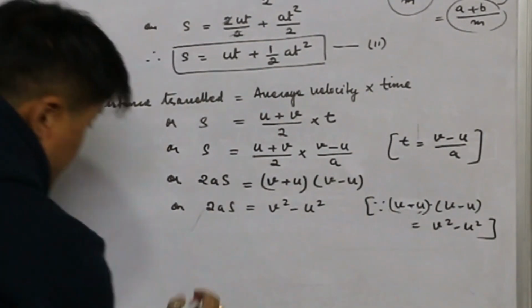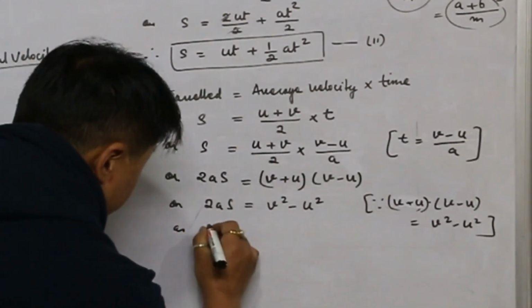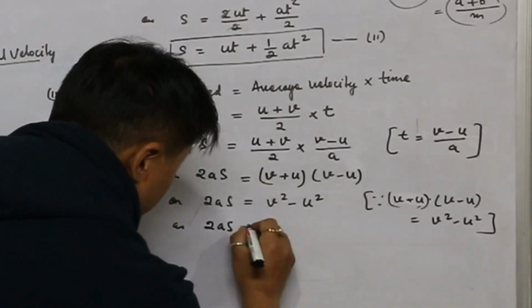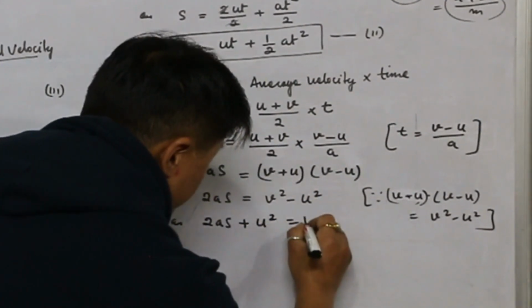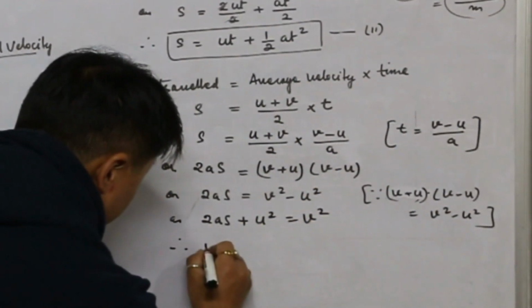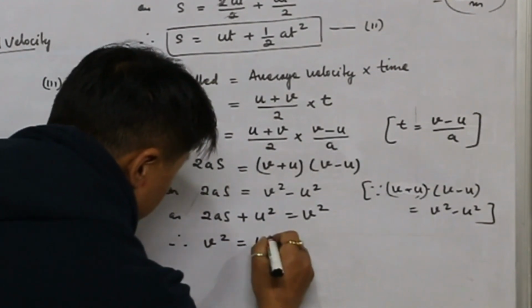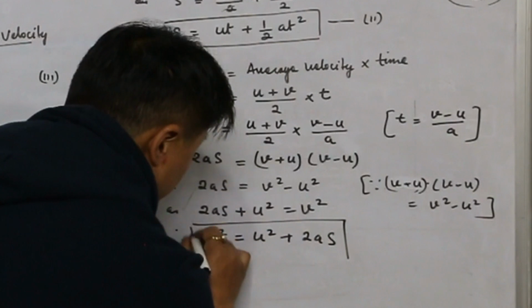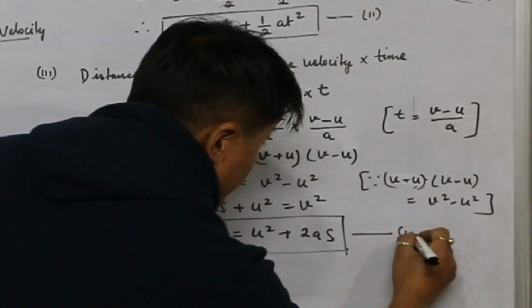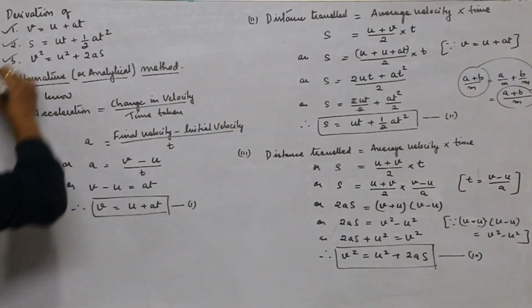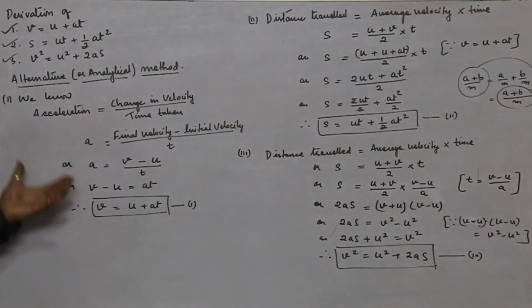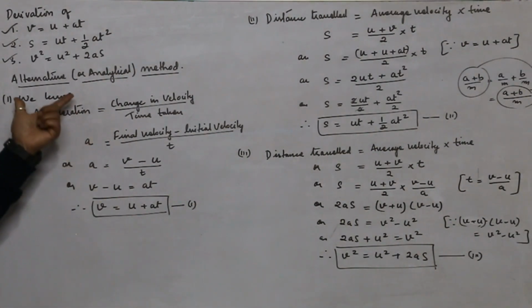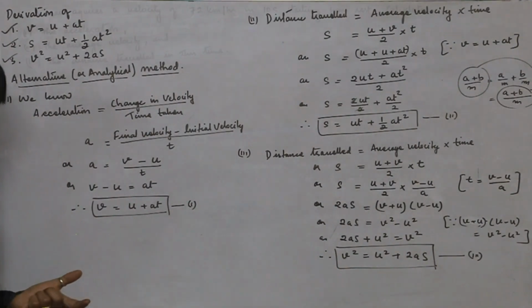So 2as, minus becomes plus, u square is equal to v square. Therefore, v square is equal to u square plus 2as. This is your third equation. We got the third equation also. This is how we derive these equations by the alternative or analytical method.